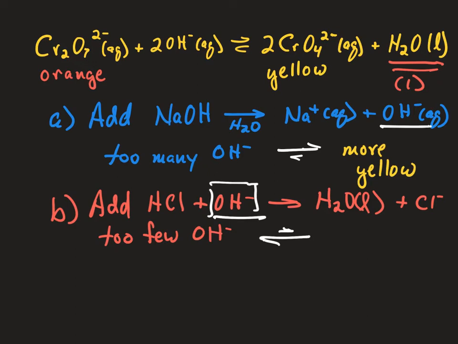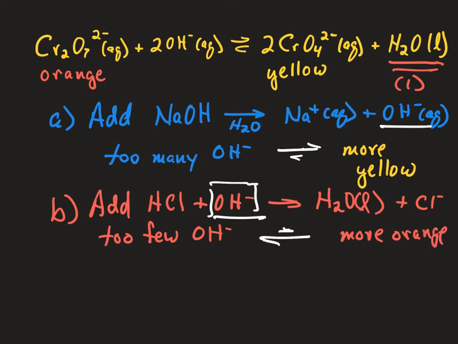And so moving back toward the reactant side, even though we didn't add anything, we would have to consume some of our chromate ion going back. That would make more of our dichromate ion, and so our reaction would get more orange and less yellow.